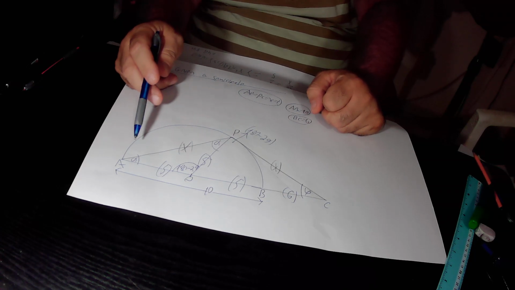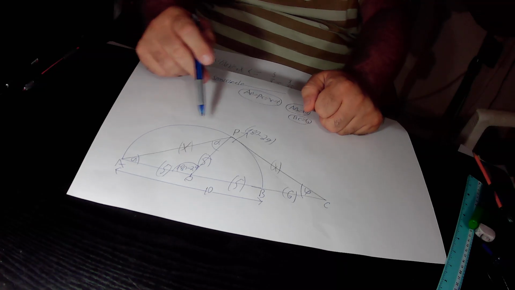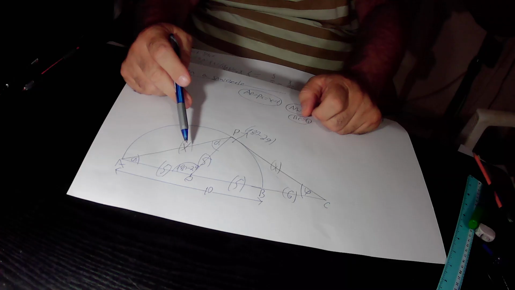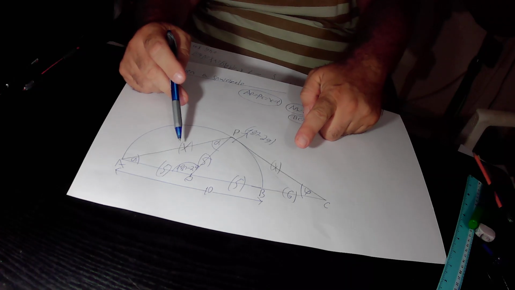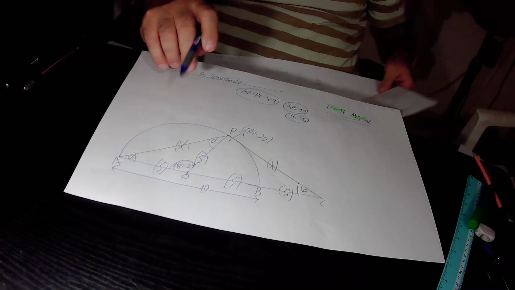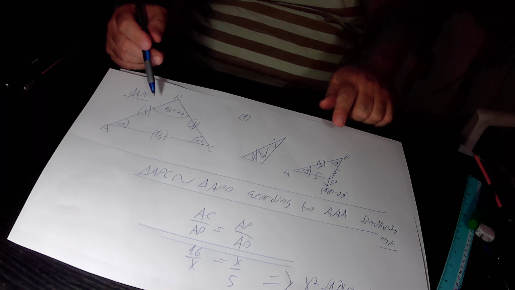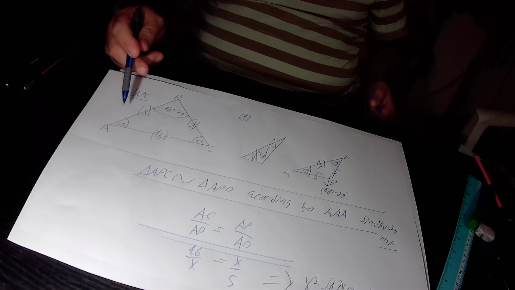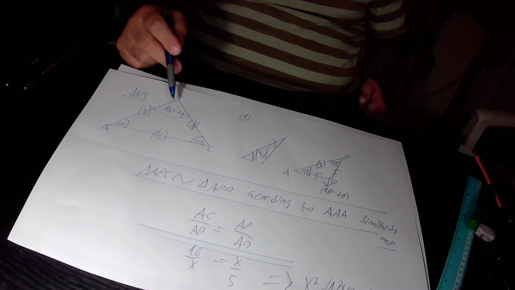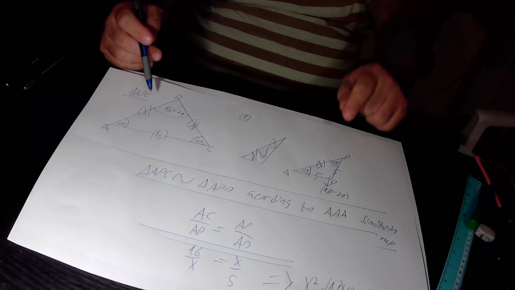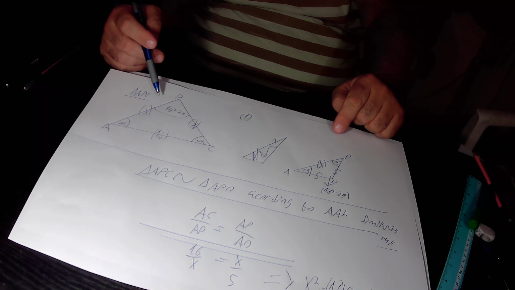In the next step, we draw the big isosceles triangle APC and the small isosceles triangle APO on a new page, and we prove that those two triangles are similar to each other according to the angle similarity rule. So the two isosceles triangles come from the original drawing. This is the big isosceles triangle APC, and this is the small isosceles triangle APO. Why are those two triangles similar to each other?